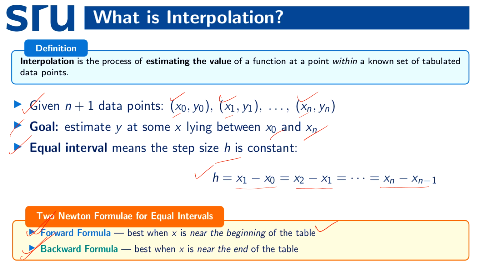Forward is used only when x is near the beginning, and when it is near the end of the table, then in that case the backward formula is used. This forms the foundation of numerical interpolation techniques, which we will study in detail in the next slides. So now let us move to the next slide.